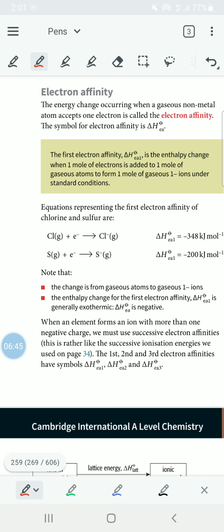The change is from gaseous atoms to gaseous negative 1 ions. The enthalpy change for the first electron affinity is generally exothermic, but there can be exceptions, right? Generally it is exothermic. If it goes on to the next one, then you can get Ea2, Ea3, etc. Why? Because we are adding more electrons.